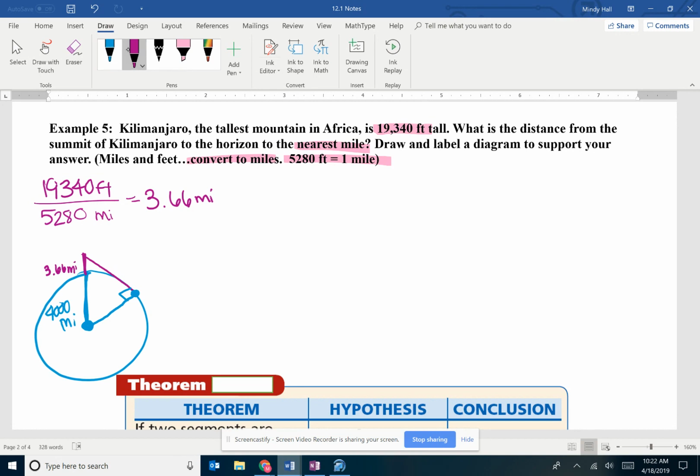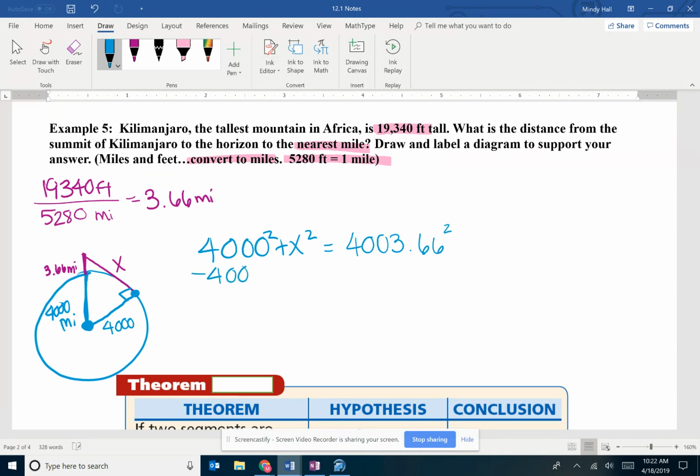And again, I know that my radius is 4,000. So then, to set it up, we would have 4,000 squared plus x squared equals 4,003.66 squared.